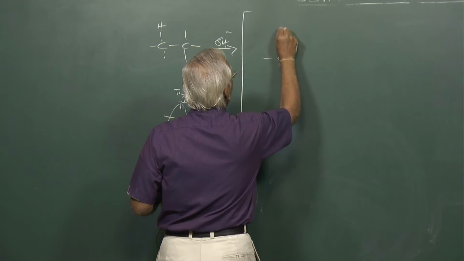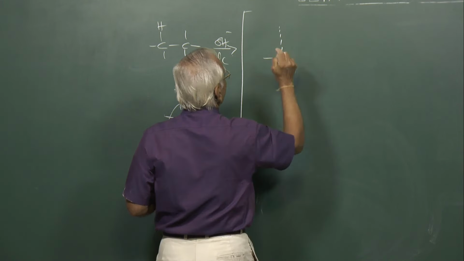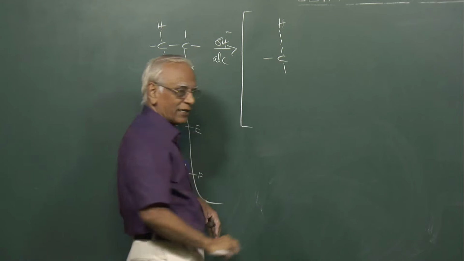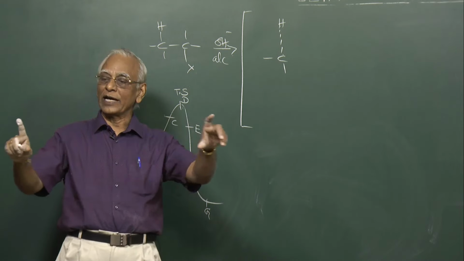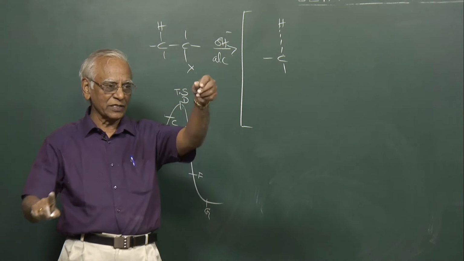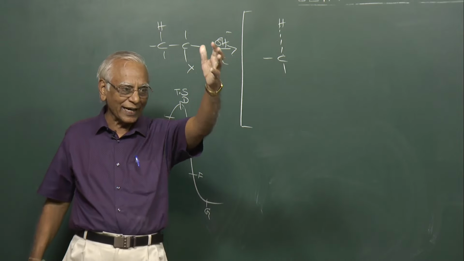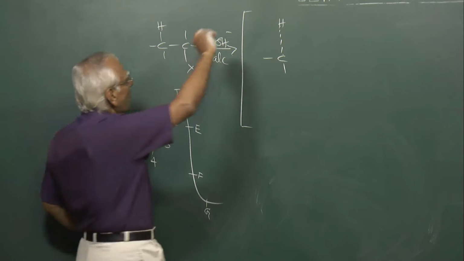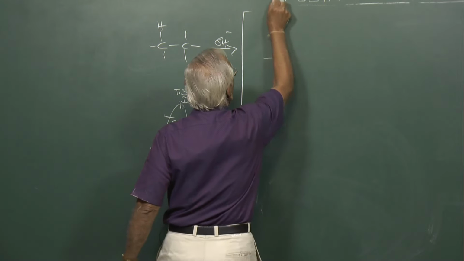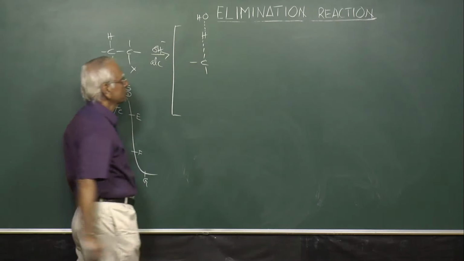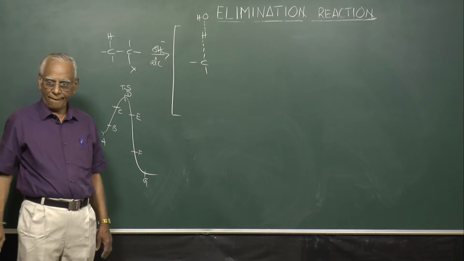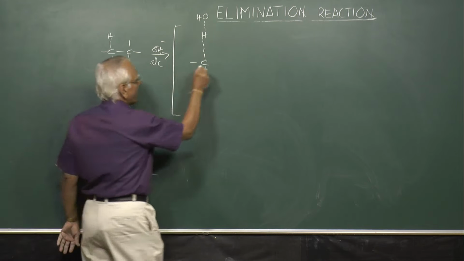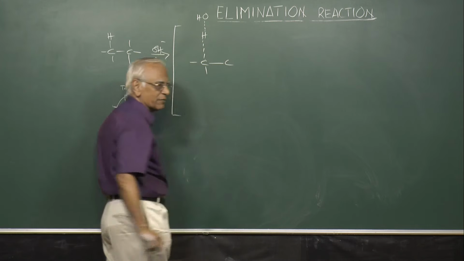Now, I will put the carbon-hydrogen bond as a dotted line. Wherever a bond is broken or made, I represent it by a dotted line. Bond making and bond breaking. This is a bond breaking process. And what is the bond making process? I got OH here, dotted line. Is there any disturbance in the sigma bond?